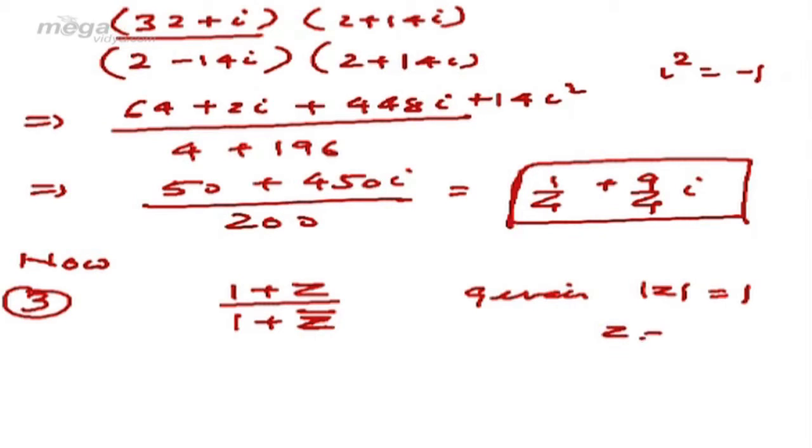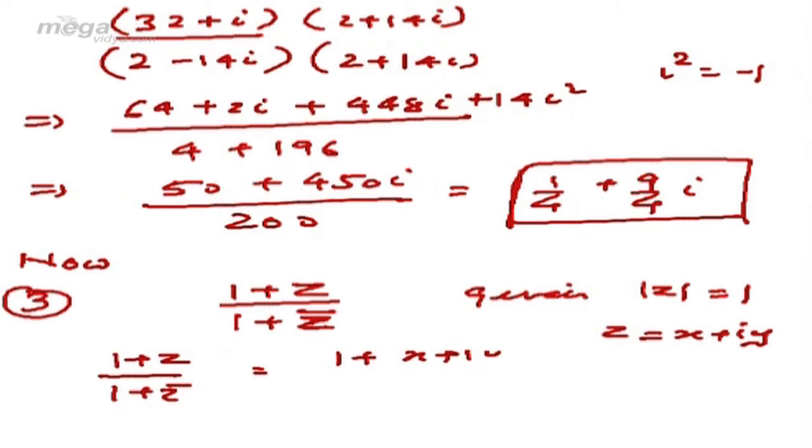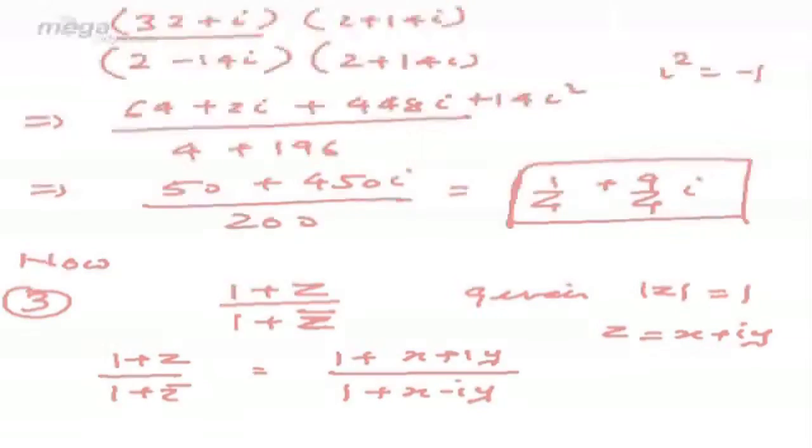You take z is equal to x plus iy, and if you solve 1 plus z upon 1 plus z bar, it will become 1 plus x plus iy divided by 1 plus x minus iy. If we do it by the simple method of rationalization, then you multiply both numerator and denominator by the conjugate of the denominator, that is 1 plus x plus iy.